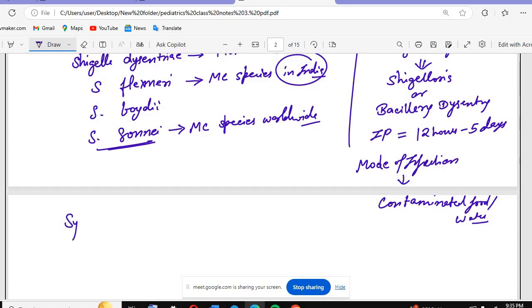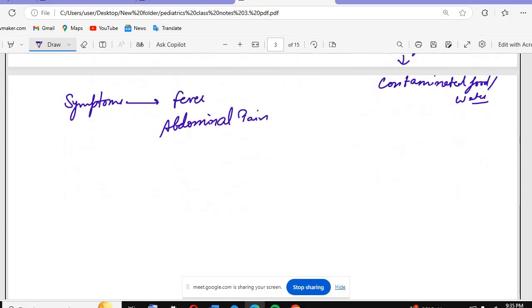Again, what symptoms are you going to see in this patient? The patient would have fever, of course. Abdominal pain would be there. And there will be diarrhea.